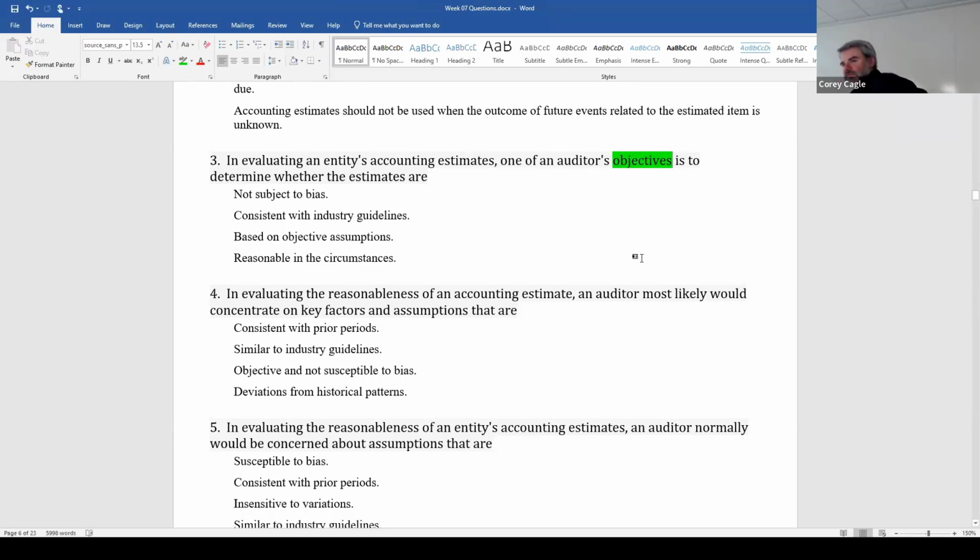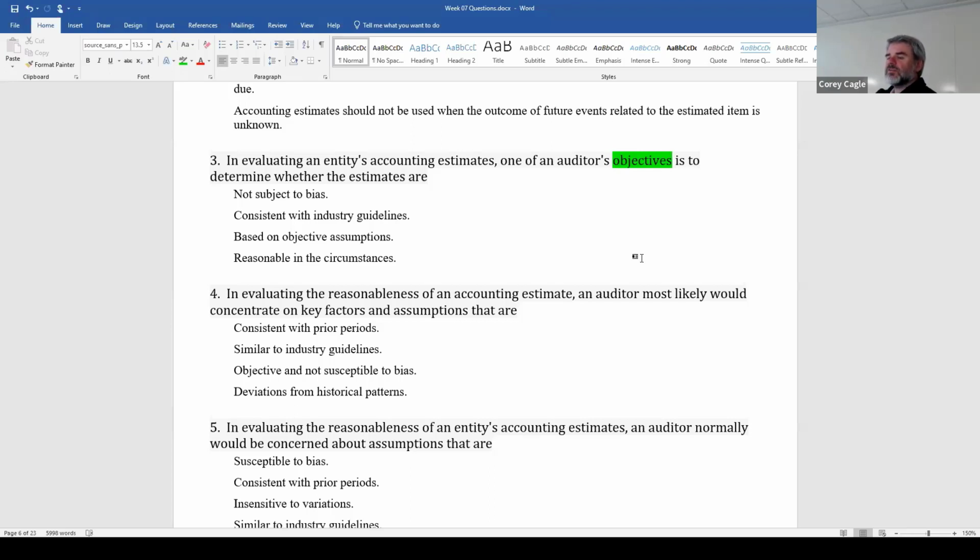So objective is very broad. So A says our objective is to determine whether they're not subject to bias. That's an answer I'd hang on to as a possibility, unless I found something that we needed to do that was much more broad than that. But I'm not really bummed out with A as an answer to this one.